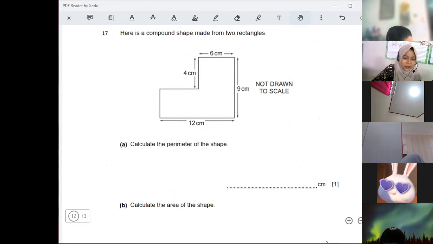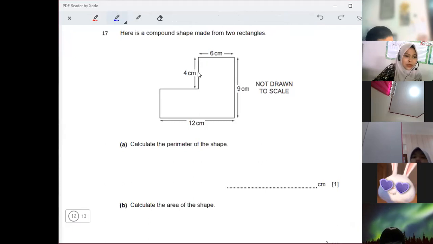Which one is correct? 54, 43, 42. 42, yeah. Many of you choose 42. Is it correct, 42? Let's see.